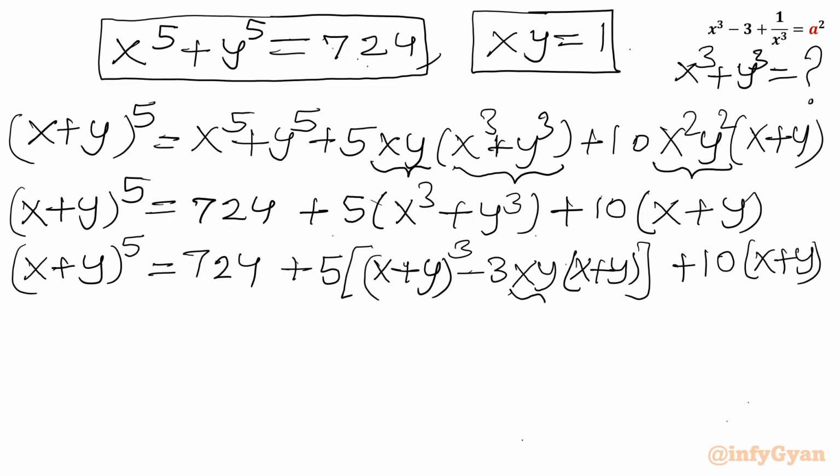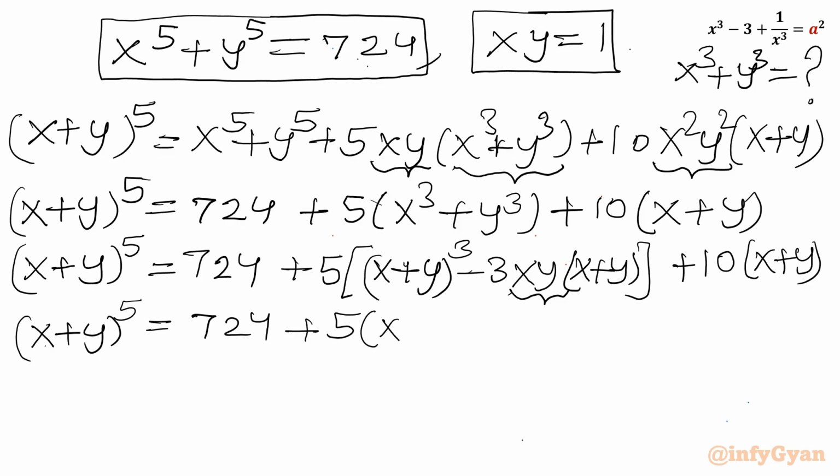Now here I will be writing 1. So I will write (x + y)^5 = 724 + 5(x + y)³ − 15(x + y) + 10(x + y).